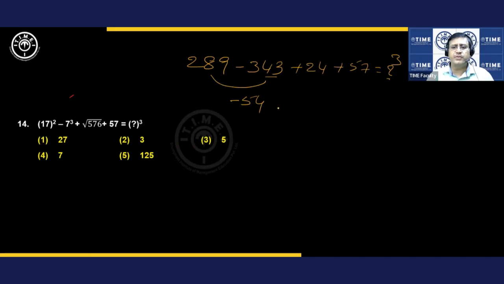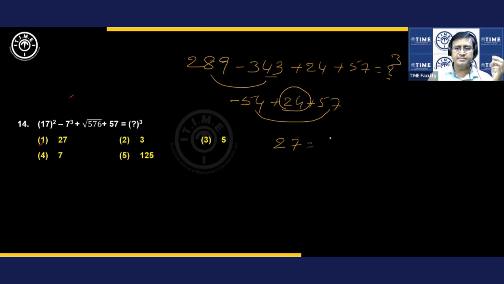By adding these two, we get minus 54. The difference of these two numbers is minus 54 plus 24 plus 57. If you observe this, subtract 54 from 57. 57 minus 54, that is 3. 3 plus 24, 27.